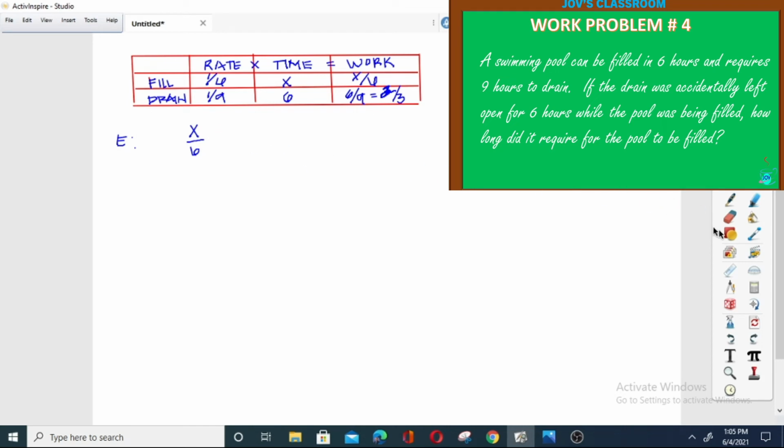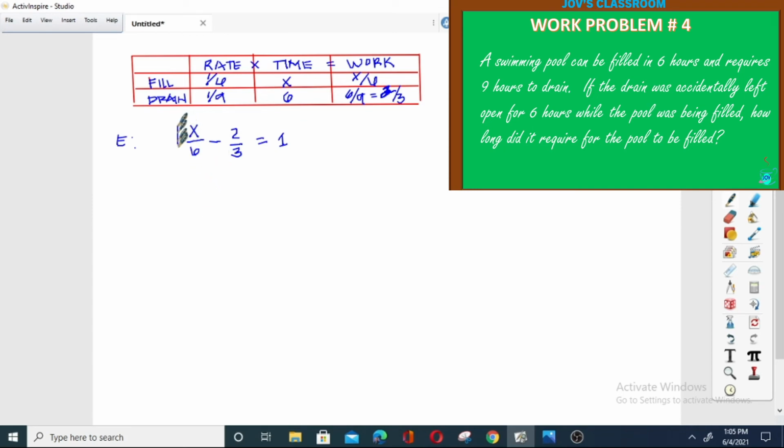When we say drain, it should be minus 2 over 3, is equal to 1. Okay. Again, it is minus because the water is draining. The outlet is left open. Okay.